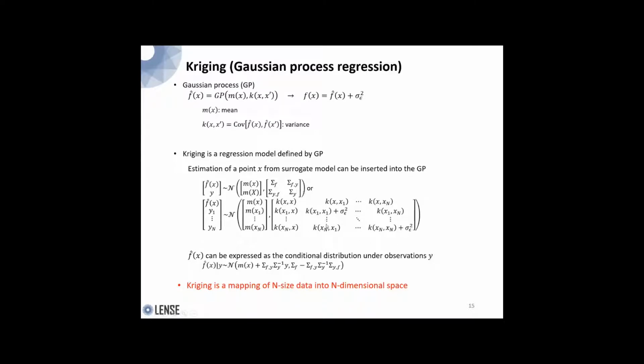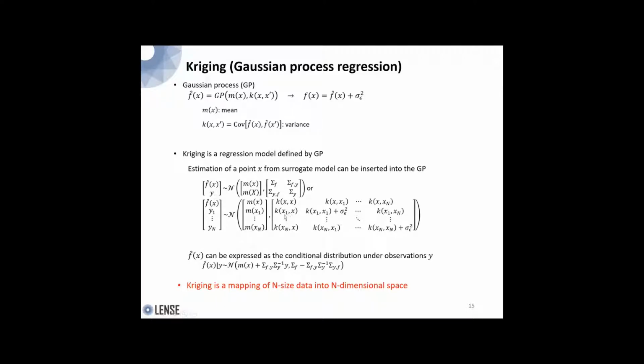And these are given by the Gaussian functions. Okay, and then you can just use the well-known conditional distribution expression to estimate the function value at another point.